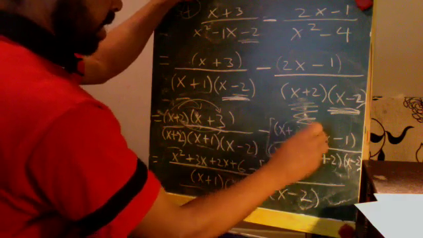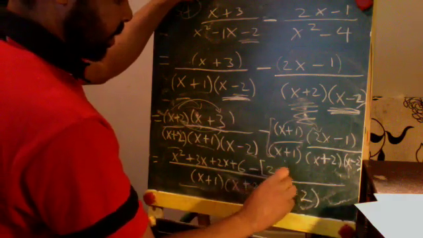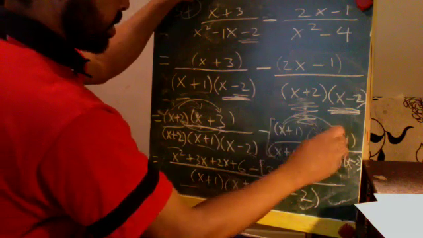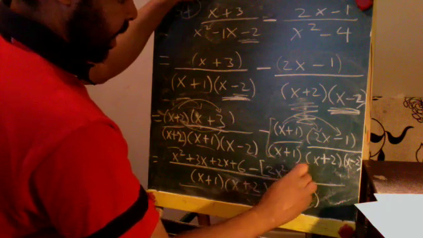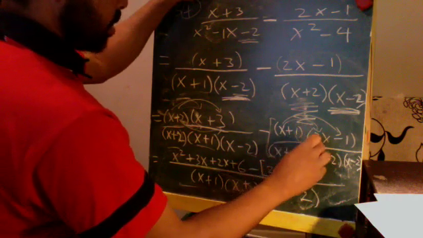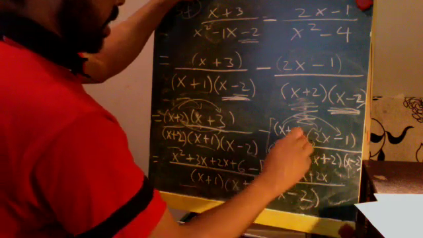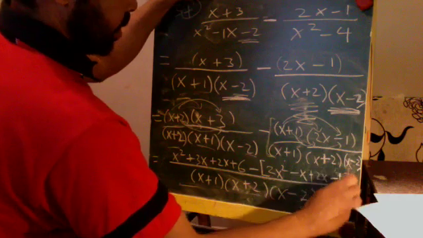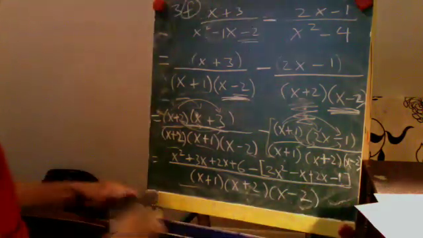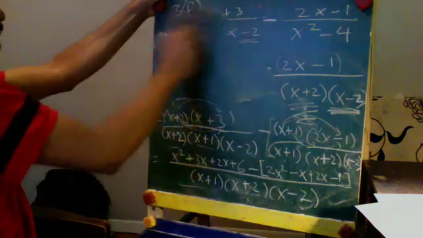So I have x times 2x, which is 2x squared. x times minus 1 is going to be minus x. 1 times 2x is going to be a positive 2x. And 1 times a negative 1 is going to be a negative 1. And so I have this crazy looking thing to simplify, which I'm just going to go to the top and do.